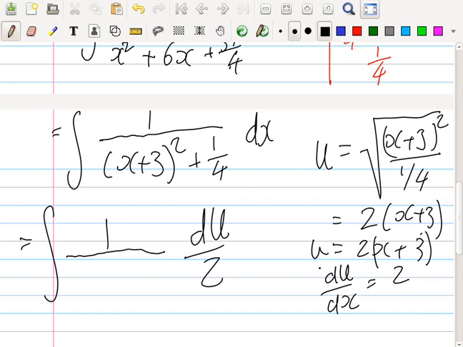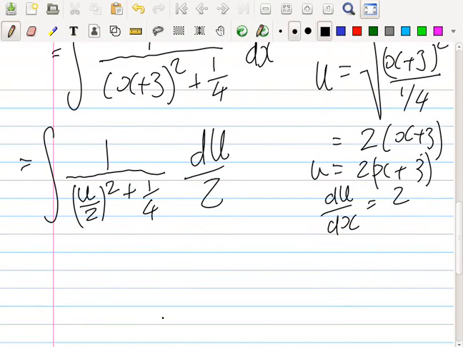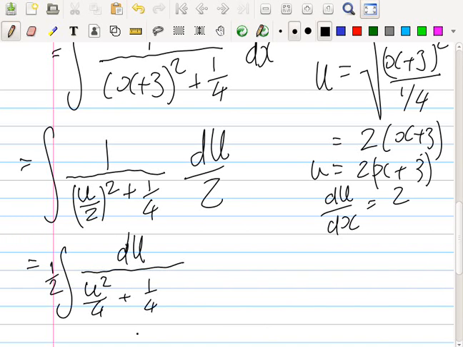Can you see that? x plus 3 is u over 2. So what do I put here? u over 2 squared plus a quarter equals a half du over u squared over 4 plus 1 over 4.